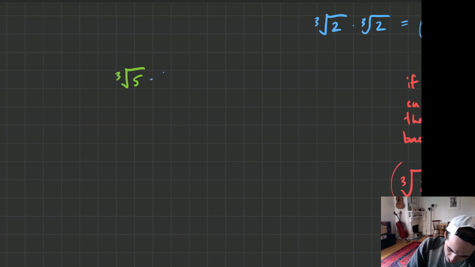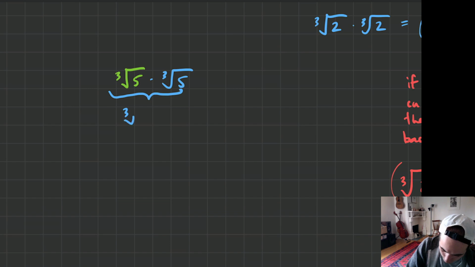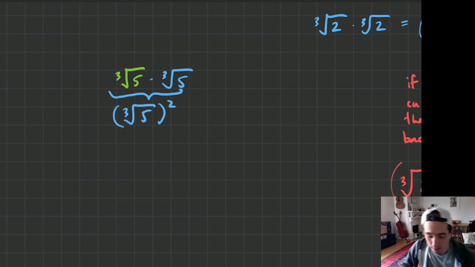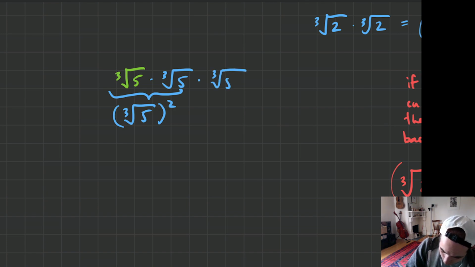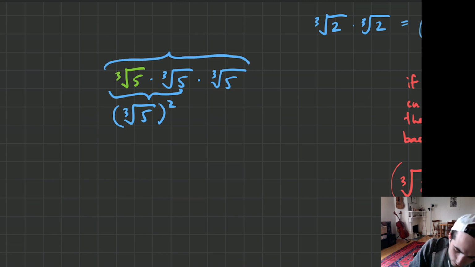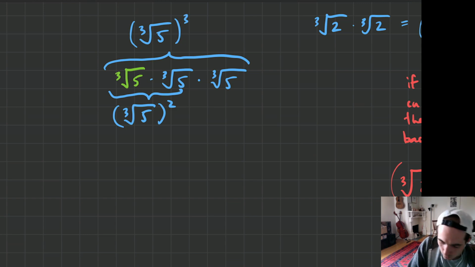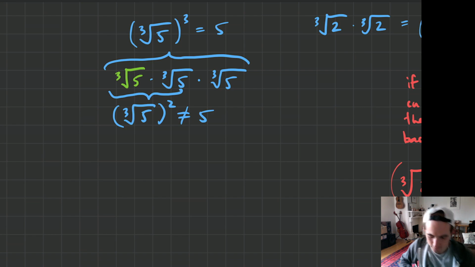So if I were to take this and multiply it by the cube root of 5, I'm going to get the cube root of 5 squared, which is not what we want. But if I multiplied it one more time, then this whole thing would be the cube root of 5 cubed, which is equal to 5. This bottom one is not equal to 5.